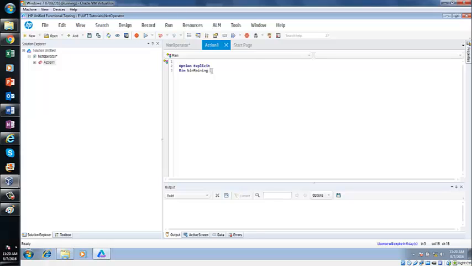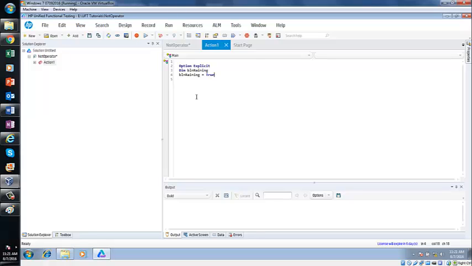We are declaring it in the first line and then assigning a value to it in the next line.